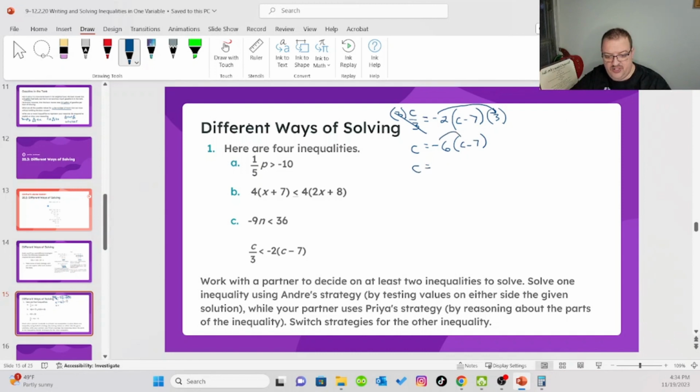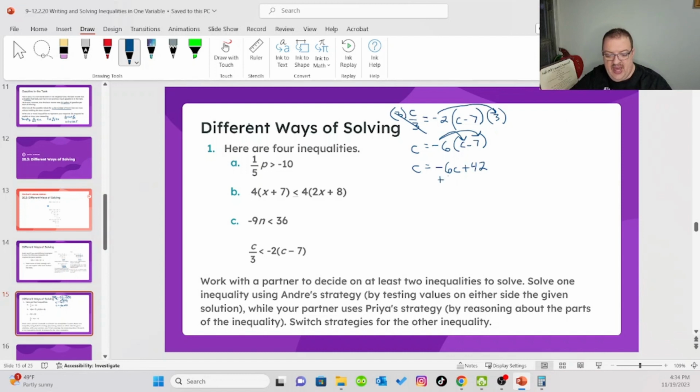Next, I'm going to distribute the -6 into the parentheses. Negative times a positive is a negative. 6 times c is 6c. Negative times a negative is a positive. 6 times 7 is 42.